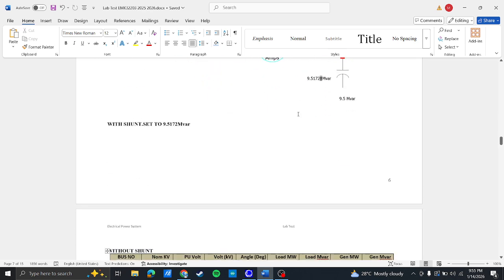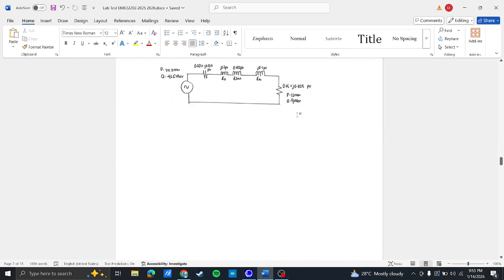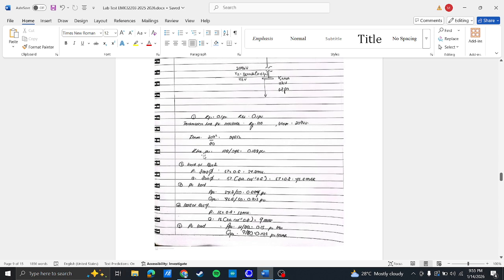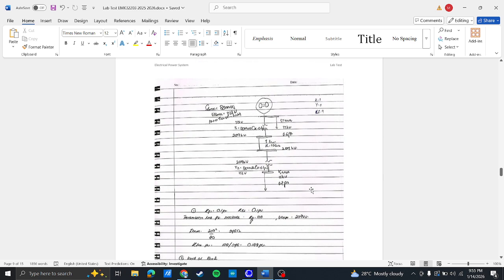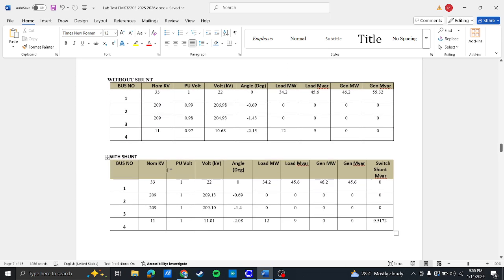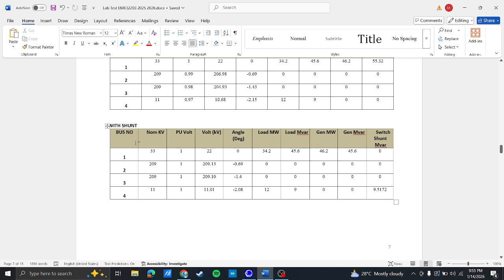As you can see from the calculation, here at the PU load and at the load at bus 2, we obtain the same result. And this is the table with the shunt component at 9.5172.